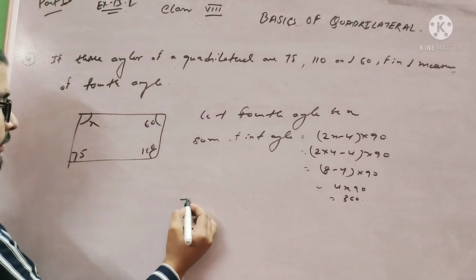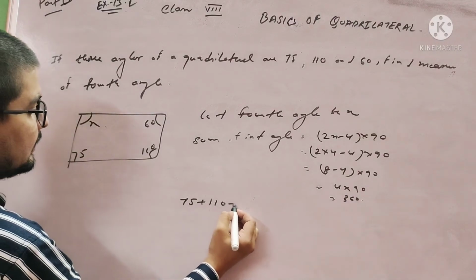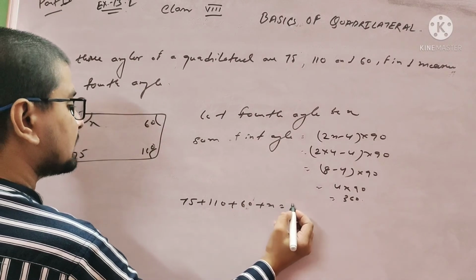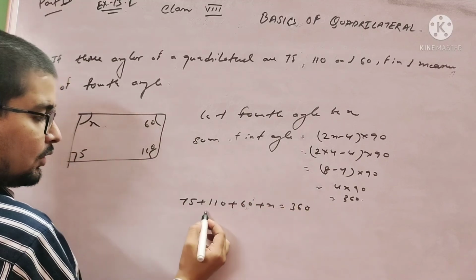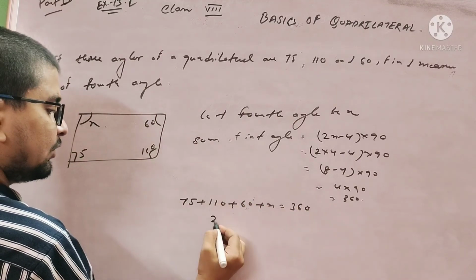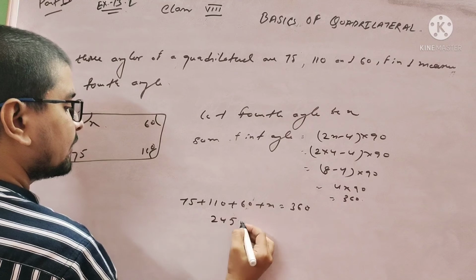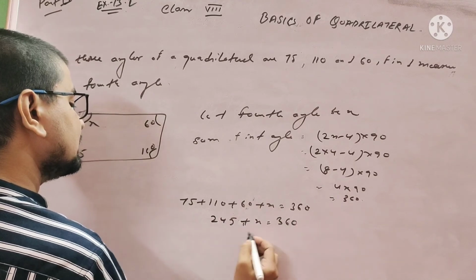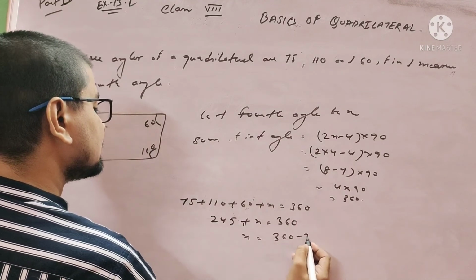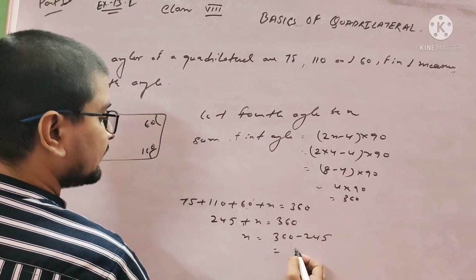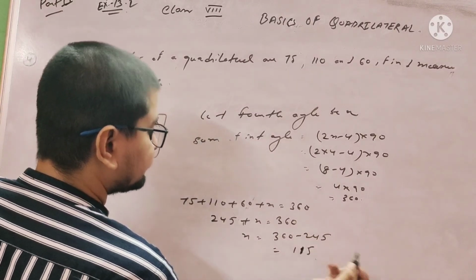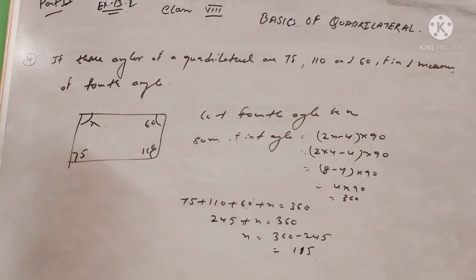So 75 plus 110 plus 60 plus x equals 360. 75 plus 110 is 185, plus 60 is 245, so 245 plus x equals 360. So x equals 360 minus 245, that is 115.